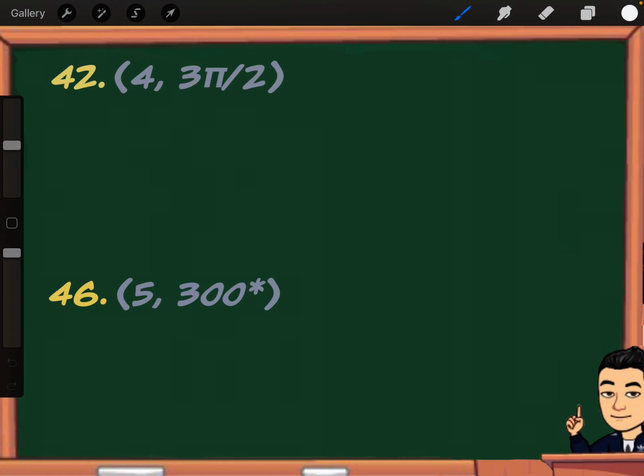We're going to have to change it from polar to rectangular. So understand the x is equal to r, which is 4, and since this is x, you're going to have to use cosine and then just insert the theta, so 3 pi over 2.